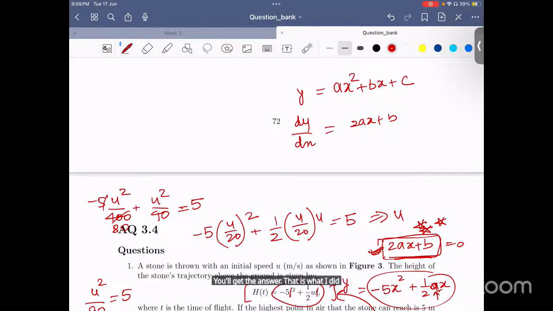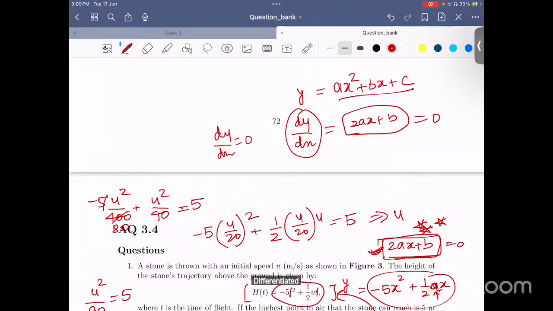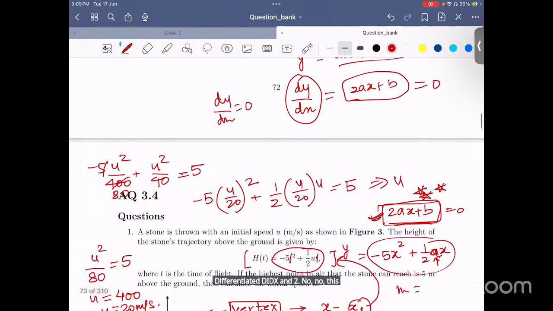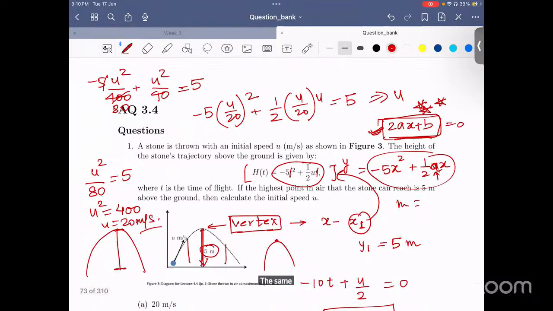I just differentiated, so after differentiation I got the same thing, 2ax plus b, and then I equated it to 0. Okay, I don't understand differentiation. So I differentiated dy by dx. If you just think of it, you'll be getting the same equation. It just seemed much simpler.